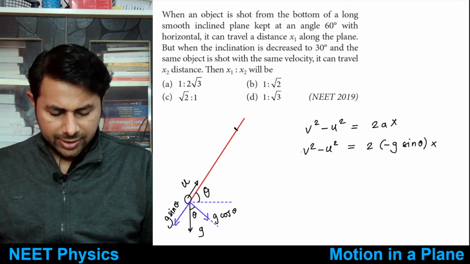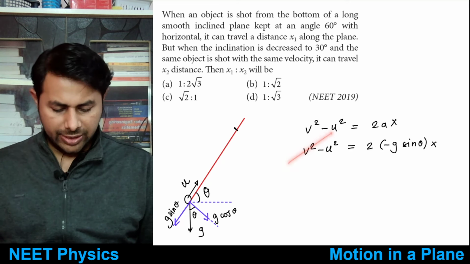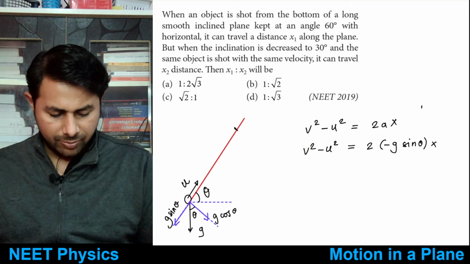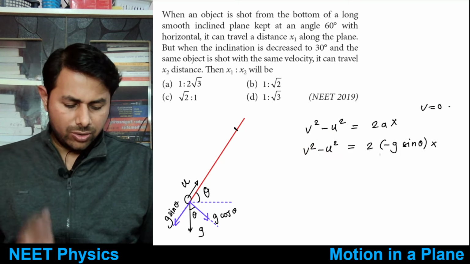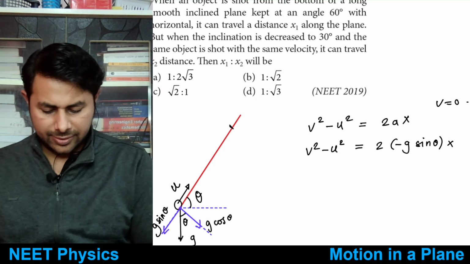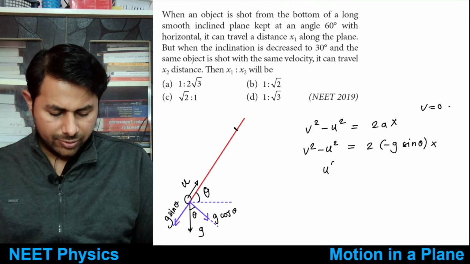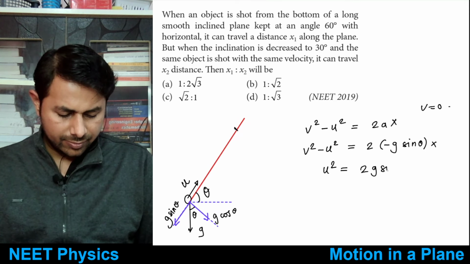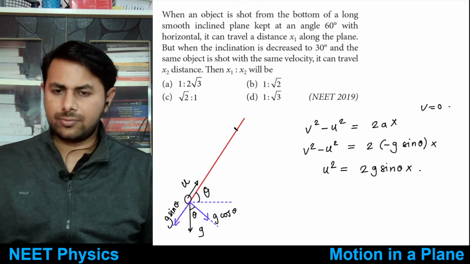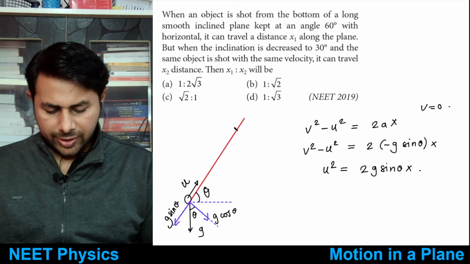Okay, v is 0 at the top, and therefore it is just u square is equal to 2g sine theta into x. Okay, u square is equal to 2g sine theta into x, right?